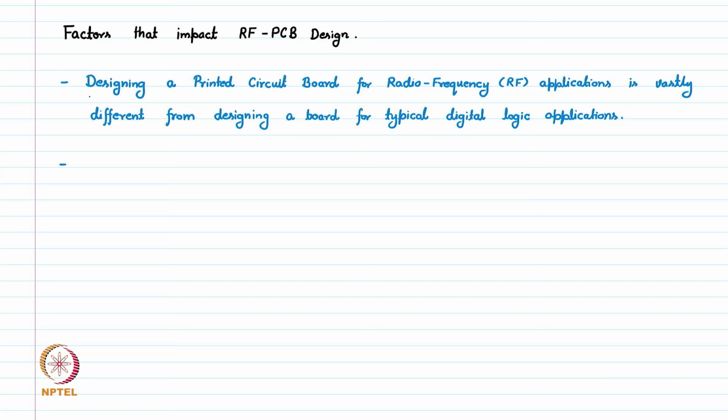Even small changes in layout geometry or component selection can make the difference between a board that achieves the desired performance versus the one that underperforms or is prone to stability issues or oscillations, which are reliability issues.